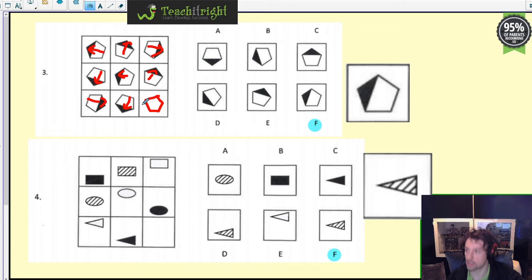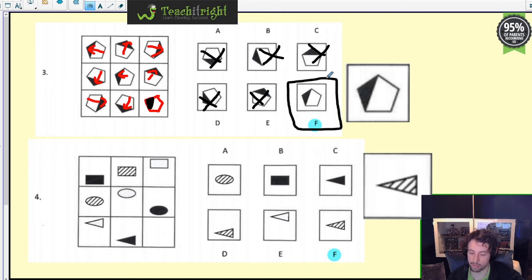It was that corner, so the next corner is this corner's turn here. Like that, which matches not A, not quite B, not C, not quite D as well, because it's not quite gone around far enough. Definitely not E. I think F then is your answer.